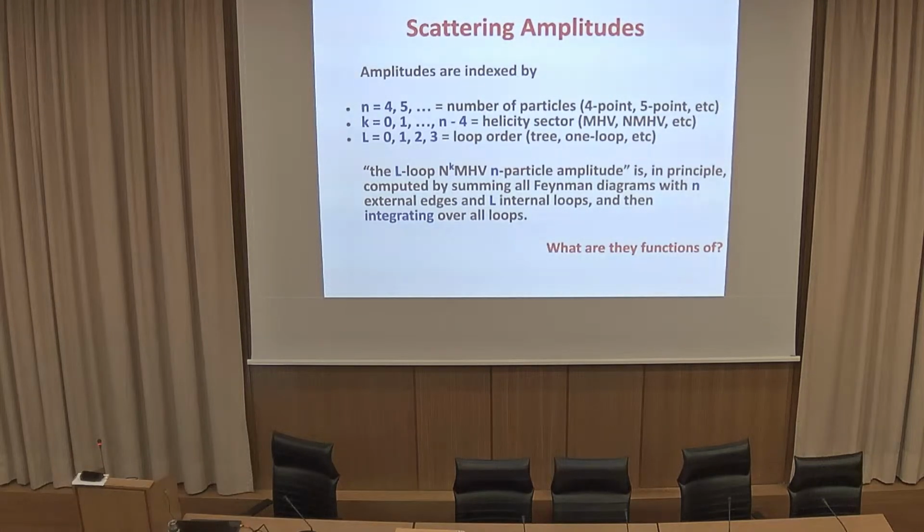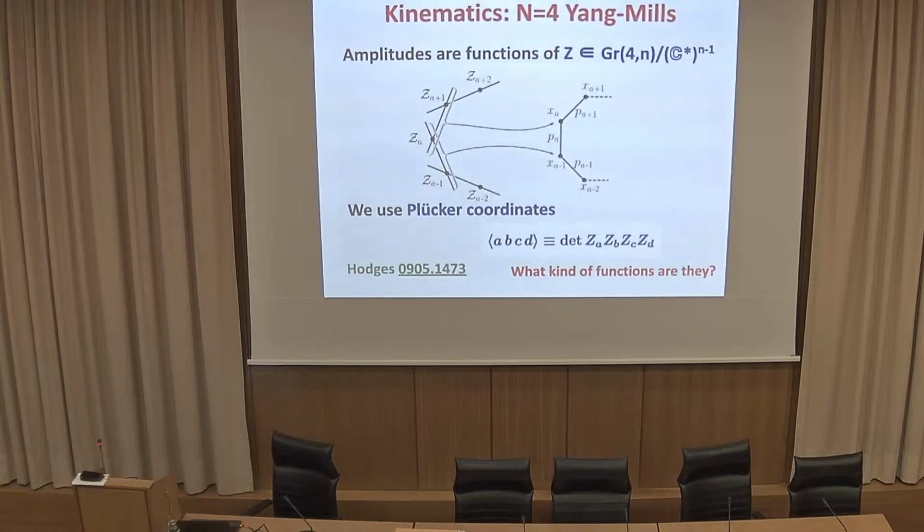So instead, for example, for the supersymmetric theory, and again this is really a cartoon, instead of thinking about the amplitude as a function of momenta, one introduces some new objects, lines in projective space. These are called Z's, and everything is a function of Z's.